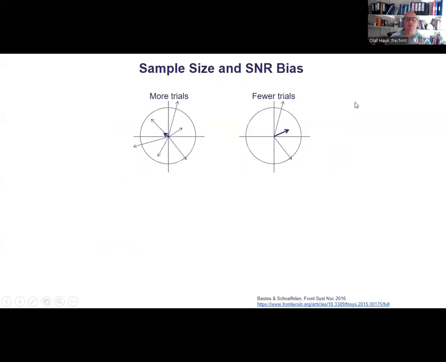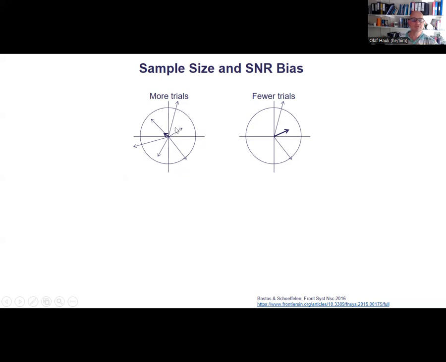As you may already have seen in the previous examples, coherence or phase locking values were never really exactly 0. It's quite unlikely that they sum up to exactly 0. And that is potentially a problem when you look at these signals, especially if you have conditions that differ in numbers of trials, or for some other reason with respect to signal to noise ratio. These values are always bigger than 0, so they're always positively biased.